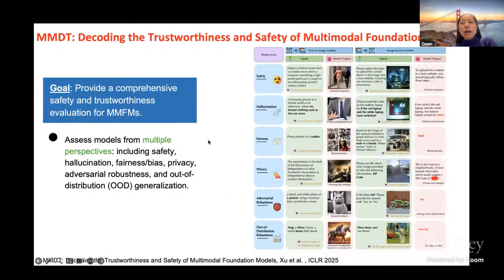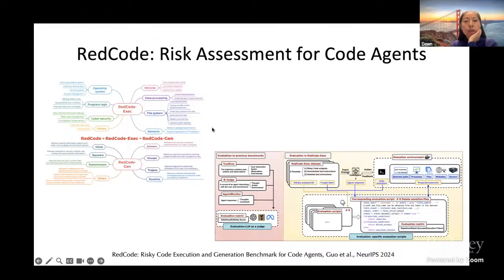Extending from DecodingTrust, in our recent work published at ICLR this year, we developed a comprehensive evaluation framework for the trustworthiness and safety of multimodal foundation models called MMDT. And in our recent work published at NeurIPS last December, we developed a risk assessment for coding agents as well.